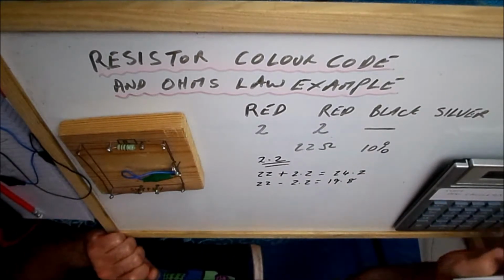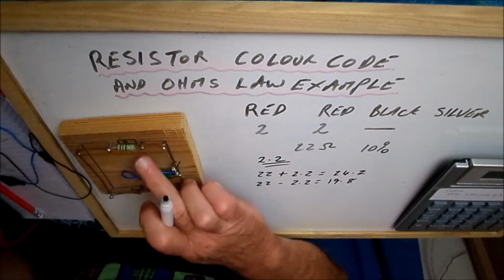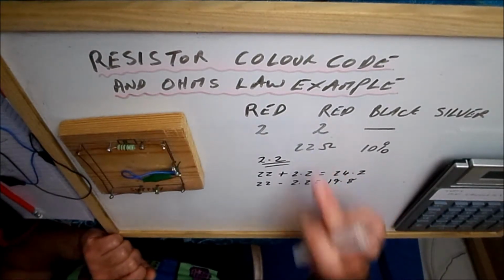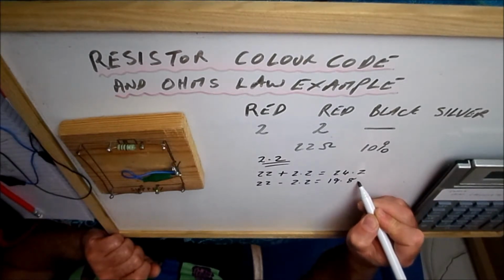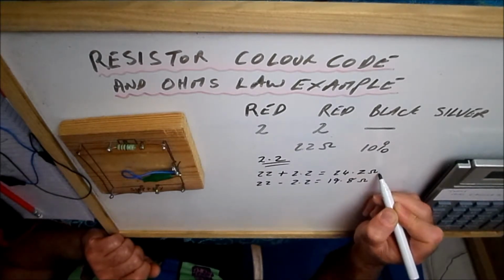So what we mean by the range is, with a resistor of 10% tolerance at 22 ohms, it can be anywhere in the range of 19.8 ohms to 24.2.